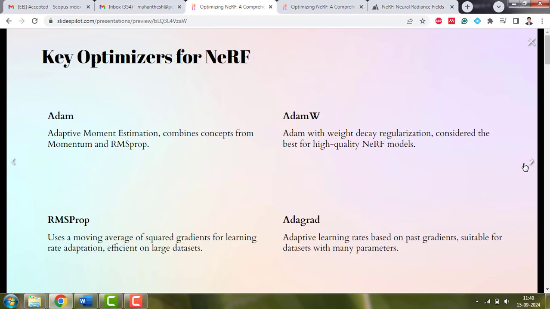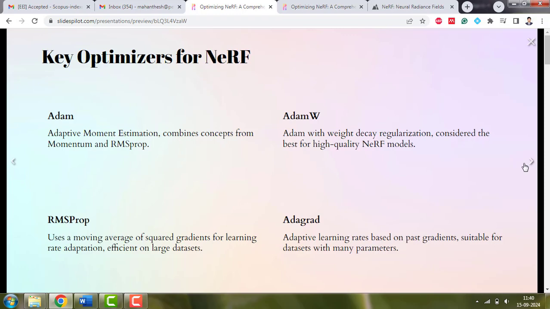There are different key optimizers for NeRF. One is Adam, adaptive moment estimation, which combines concepts from momentum and RMSProp. Second is AdamW, Adam with weight decay regularization, which is considered the best for high quality NeRF models, as you can see in the upcoming slides, where PSNR is very good.